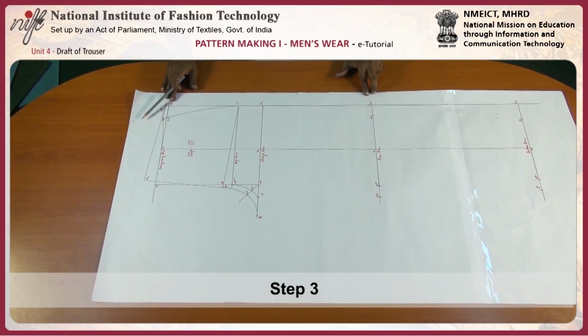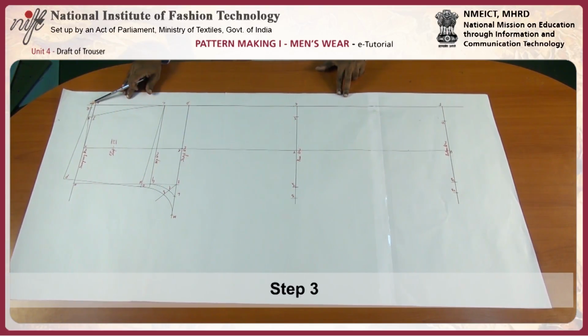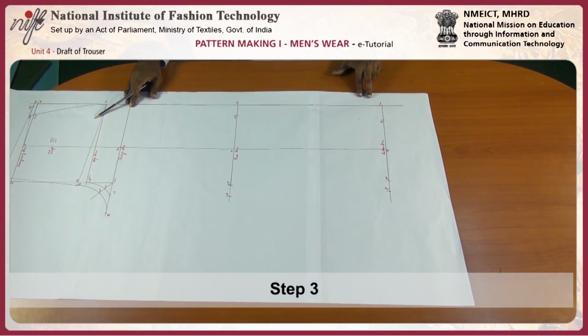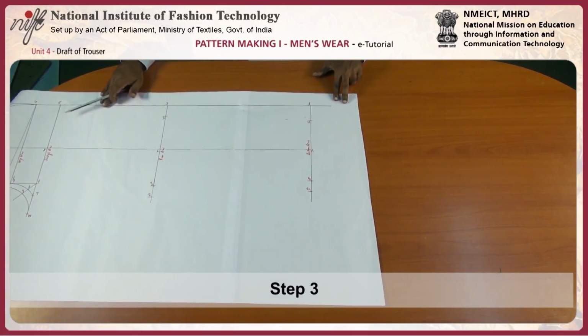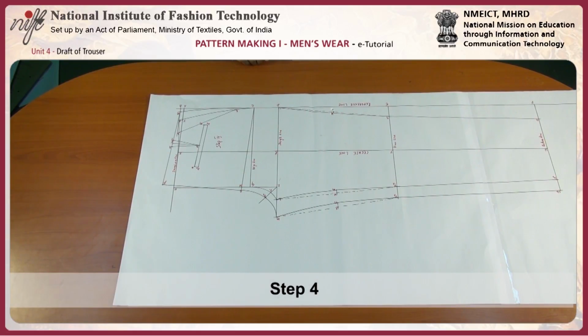With that, we have center crease line, which is a reference line for the creasing of trouser legs. After step 1, 2 and 3, we have moved to fourth step, which gives a complete pattern with the placement of dart, back welt pocket and front diagonal pocket.